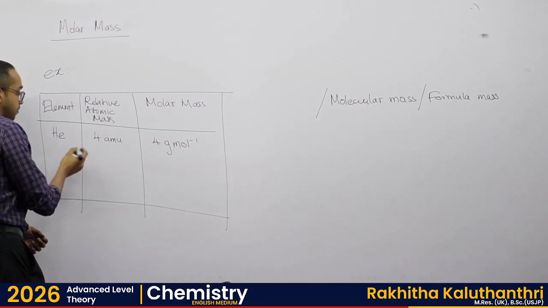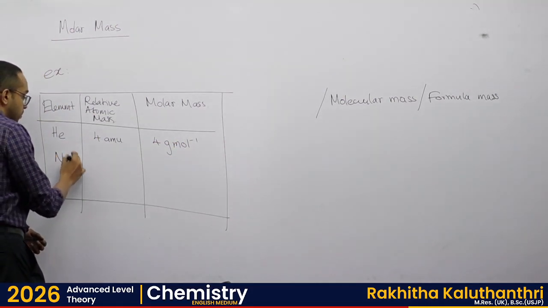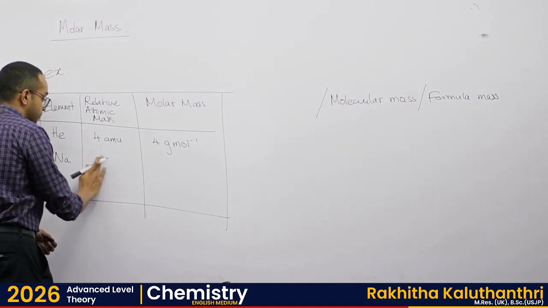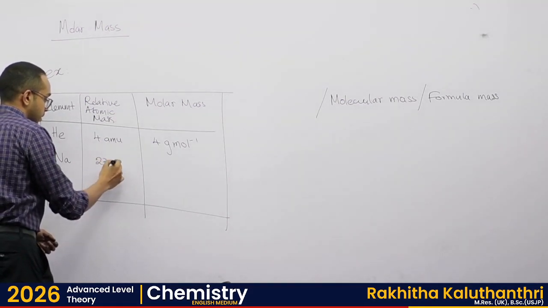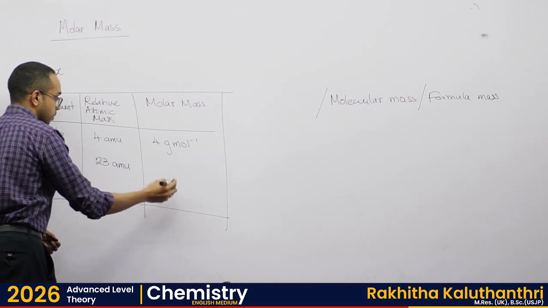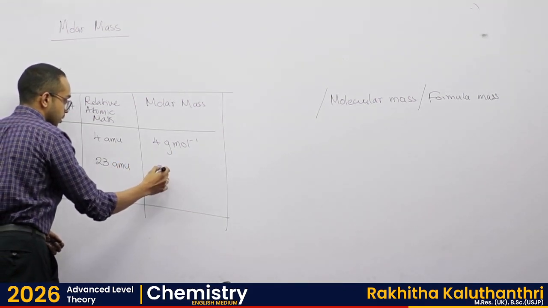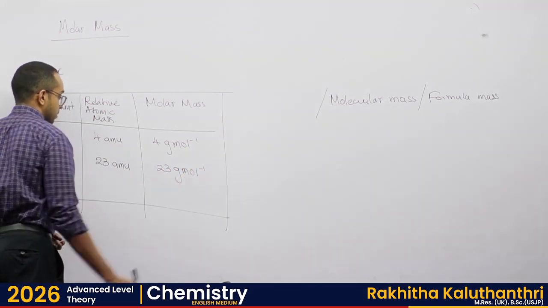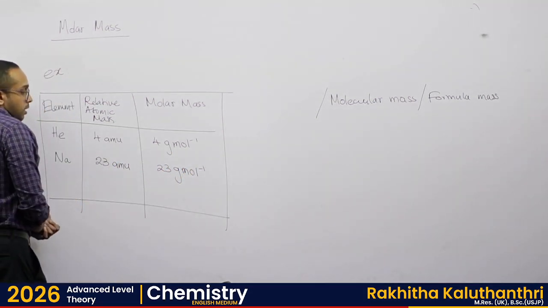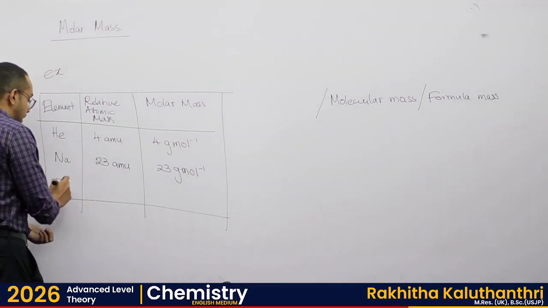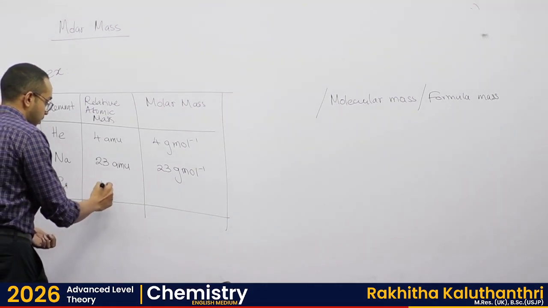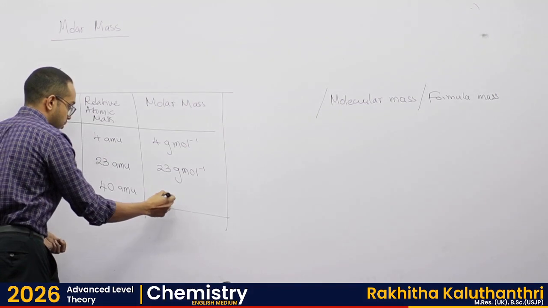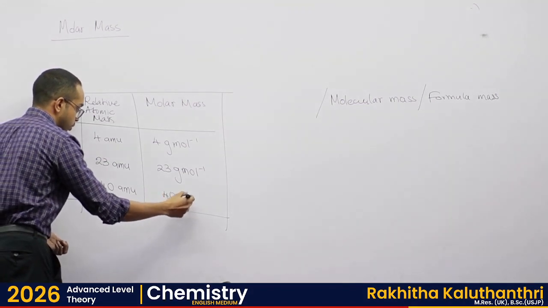And then we have, let's say, sodium. This is 23 AMU. So this is 23 grams per mole. We can take calcium, 40 AMU, and this is going to be 40 grams per mole.